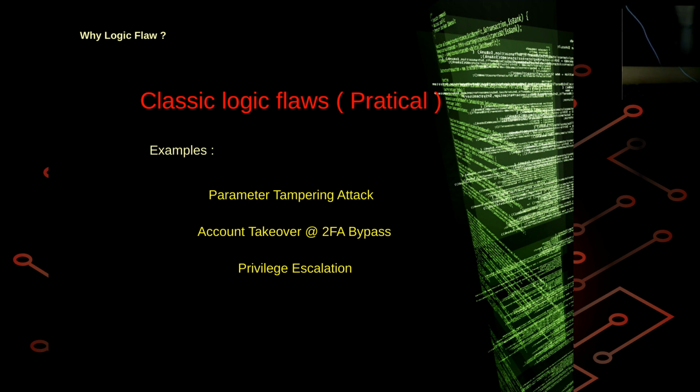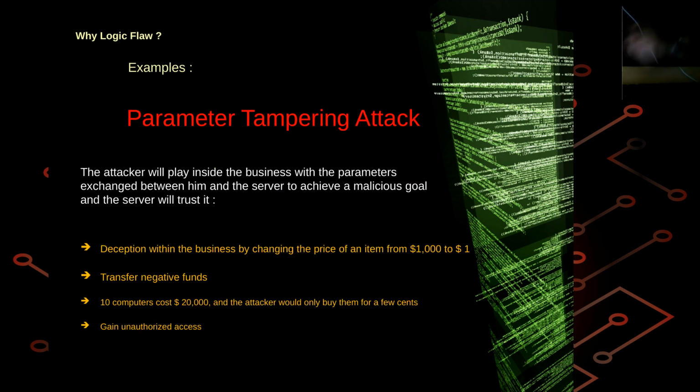Our first example is about the parameter tampering attack. The parameter tampering attack, or parameter manipulation attack, is based on playing with the application parameters that are exchanged between the attacker and the server to achieve a malicious goal.